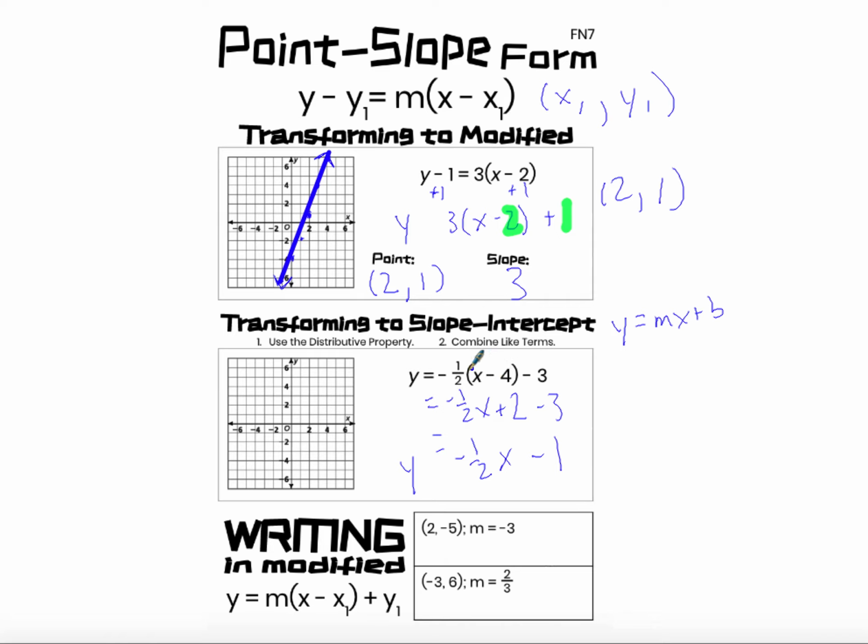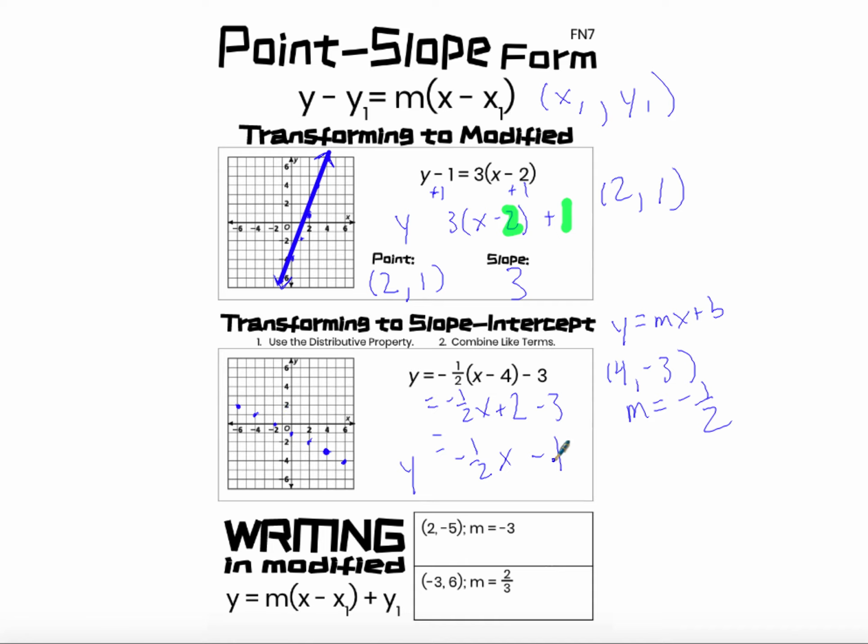So I should have first graphed this from modified point-slope form, identifying 4, negative 3 is my point, so the opposite of this, positive 4, and then negative 3. x-coordinate of 4, y-coordinate of negative 3. Slope of negative 1/2. So down 1 over 2, up 1 left 2, up 1 left 2.